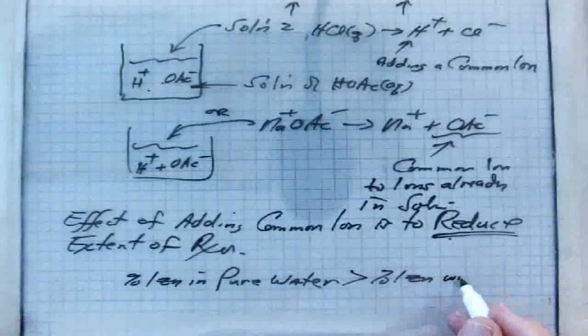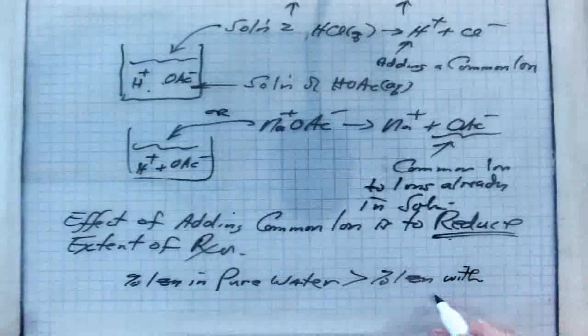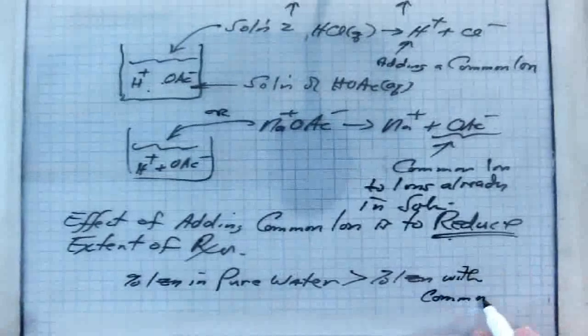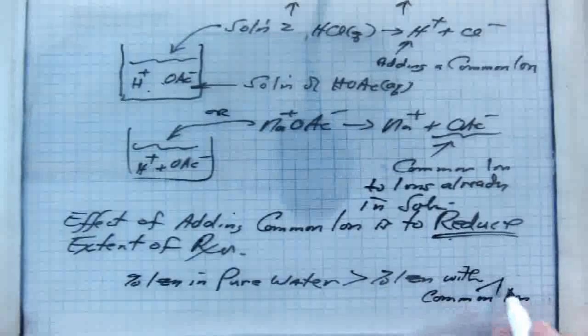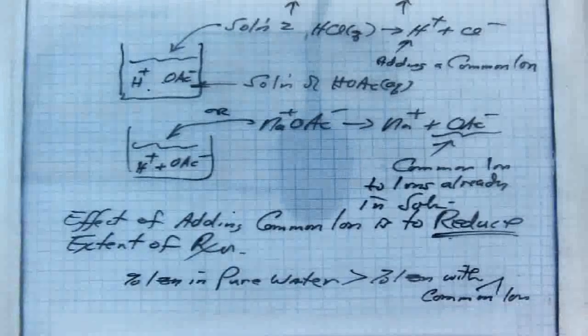So a problem that we want to pose to you is as follows. First, let's calculate percent ionization of a 0.10 molar acetic acid, and Ka is, I'll just use 1.8 times 10 to the minus 5, okay?